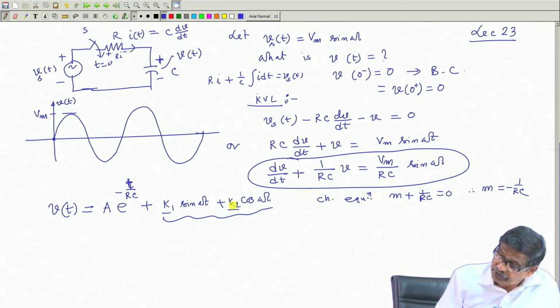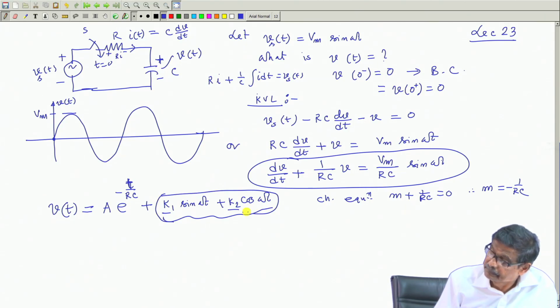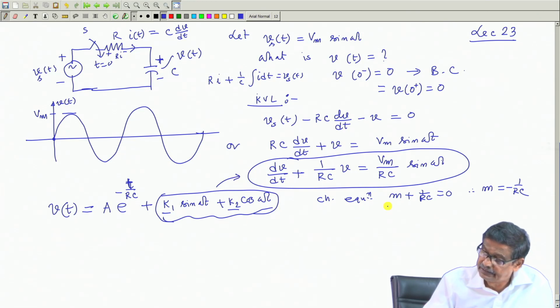So put this solution into this differential equation and it will satisfy this one.